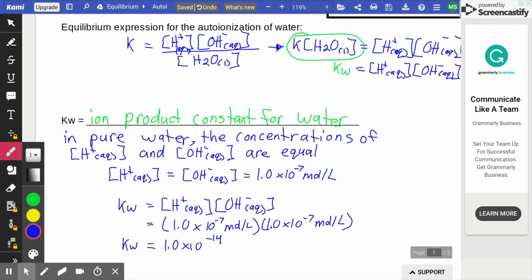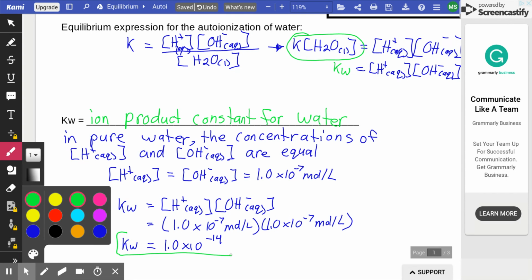And because it's a K value, we don't write units, but it's also very temperature and pressure specific. So this is at standard atomic temperature and pressure, which happens to be approximately 25 degrees Celsius.